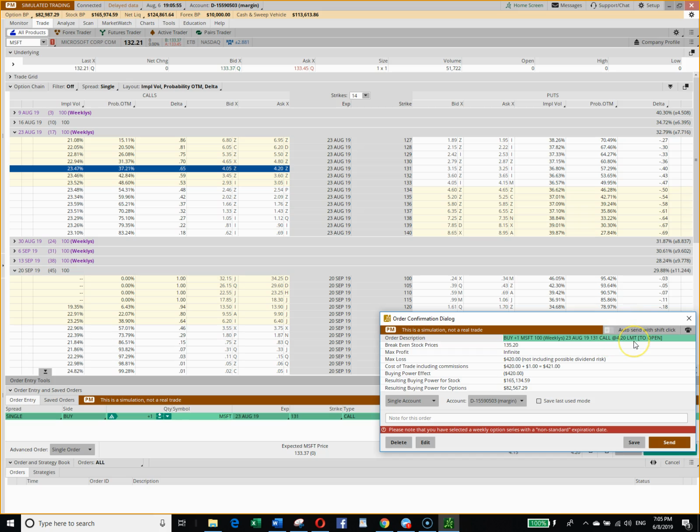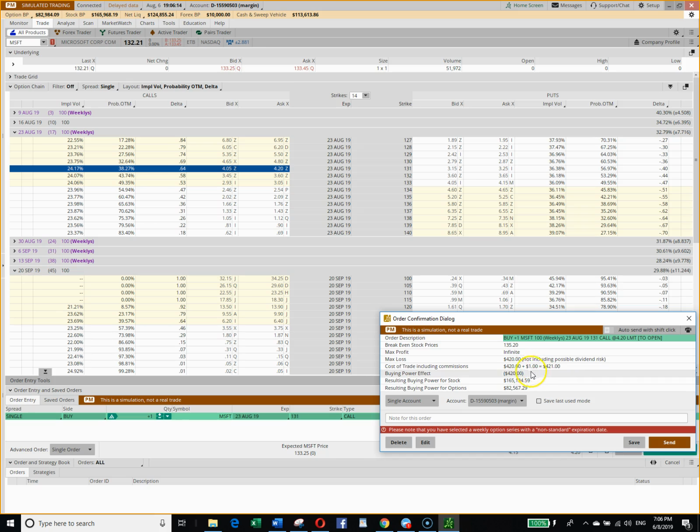That means you are saying that if it is above 4.20, I don't want to buy, right? Here it shows you that the cost of your trade will be $420, and including commission it will be $421. So do not worry if your commission shown here is different than mine.